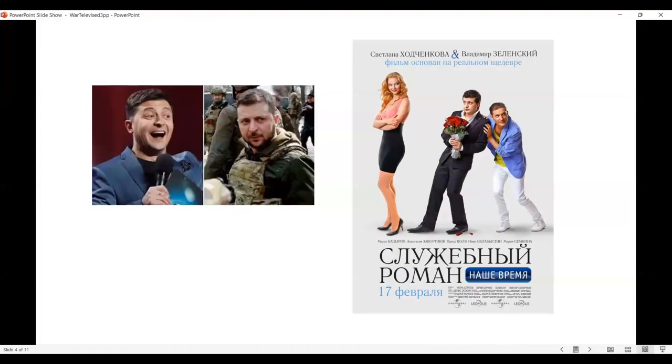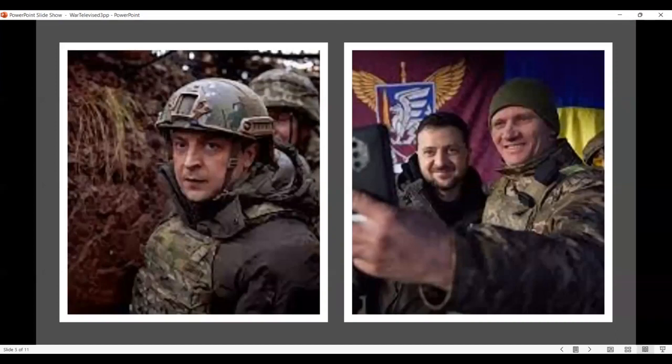These are just pictures showing the contrast with his past. He was evidently in some romantic comedy on the right here, and then in his signature camouflage again. These pictures are, of course, overly familiar to everybody, and that is part of the point of my talk, the repetitiveness of images, of being exposed to his person.